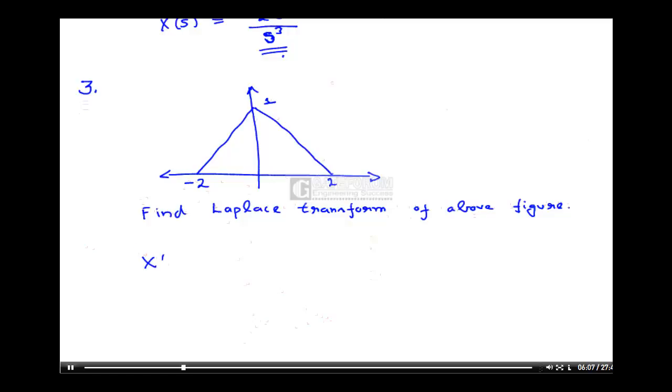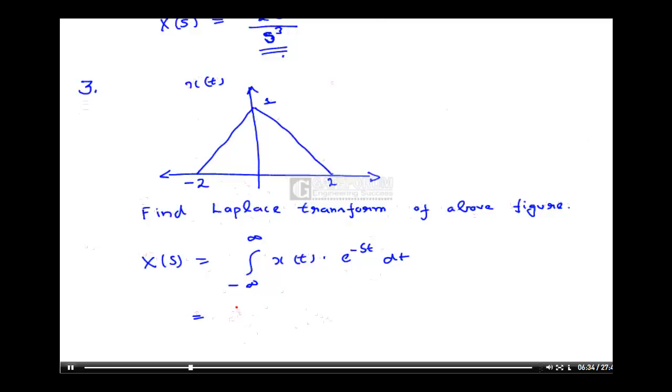Again, X(s) is equal to integral from minus infinity to infinity of x(t) e to the power minus st dt. Now we have to substitute between the two limits: one limit, the equation of x(t) between minus 2 and 0, another limit between 0 and 2.